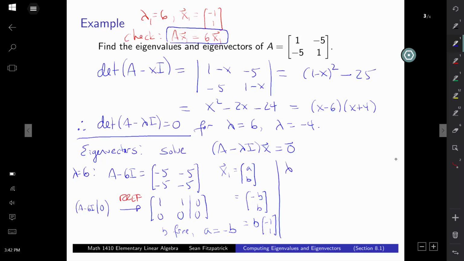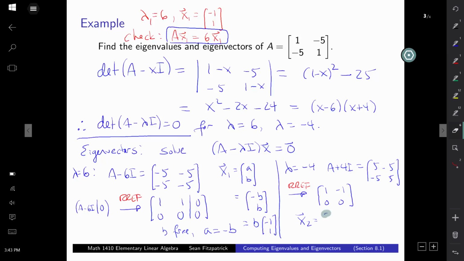Okay, and then you can do the same thing for minus 4. So A plus 4 times the identity is 5, minus 5, minus 5, 5. This time, if you send that to reduced row echelon form, you get 1, minus 1, 0, 0. Call this x2.